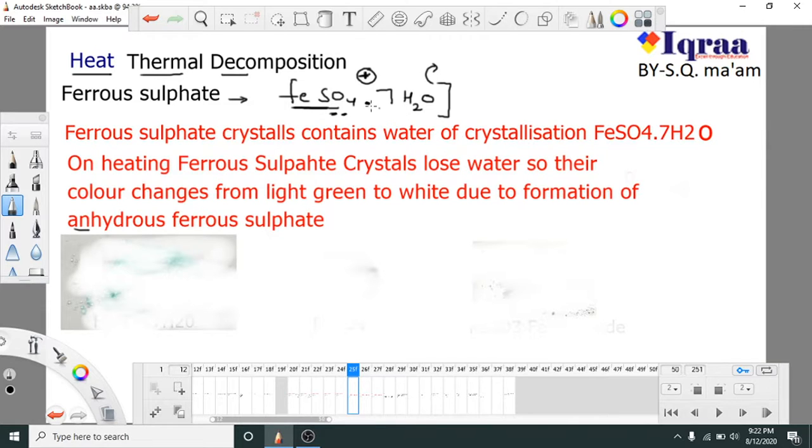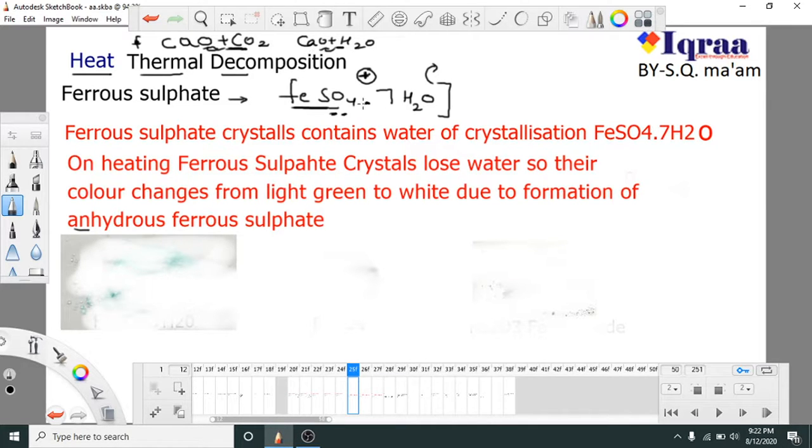Generally we write something like CaO plus CO2, or CaO plus H2O. It means this thing is going to react with that thing.